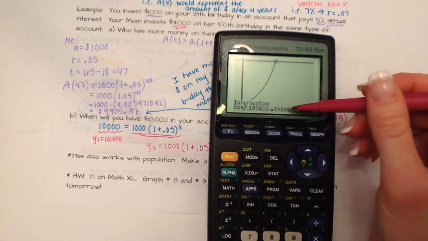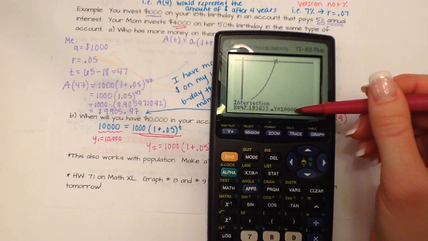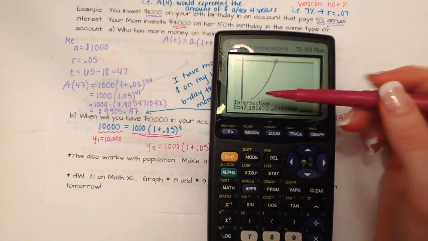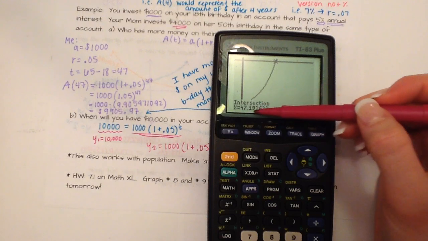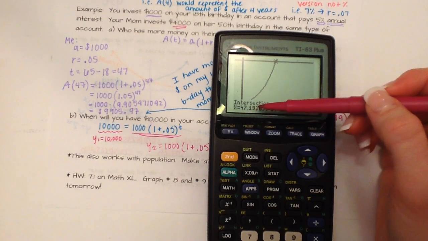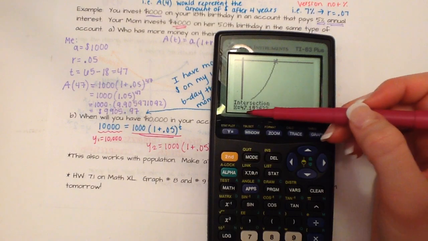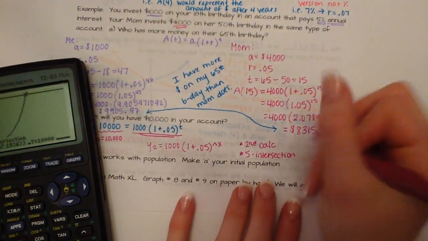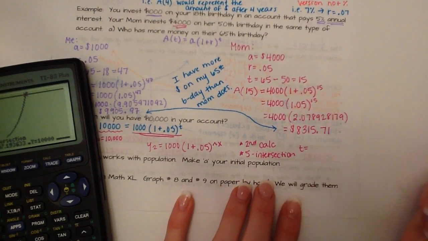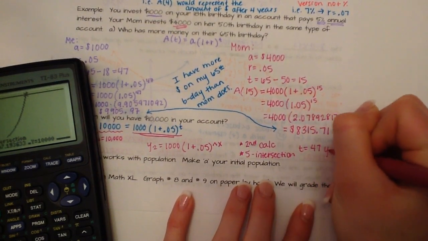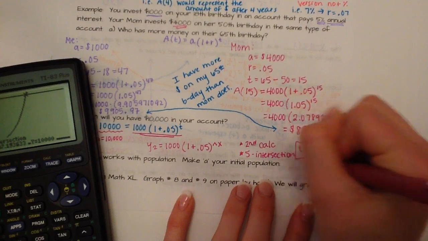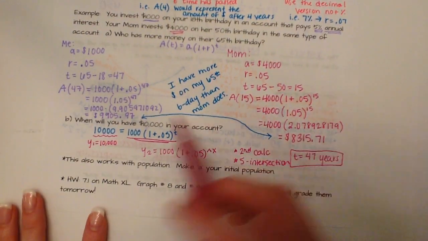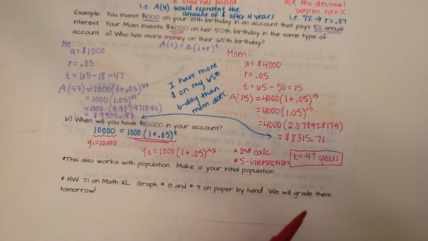So our intersection, when our y is 10,000, or when we have $10,000, our x, which is our time, is 47.19. So if we're talking about years, we're going to leave it as a whole number, so 47 years. So t would be 47 years. So that tells us after 47 years, we're going to have $10,000 in our account.